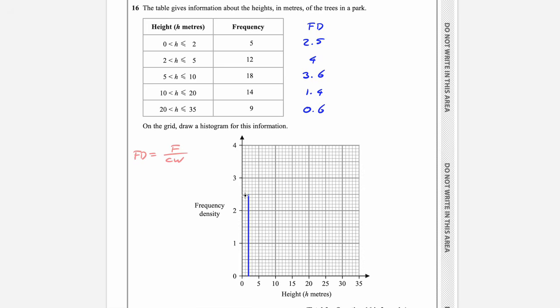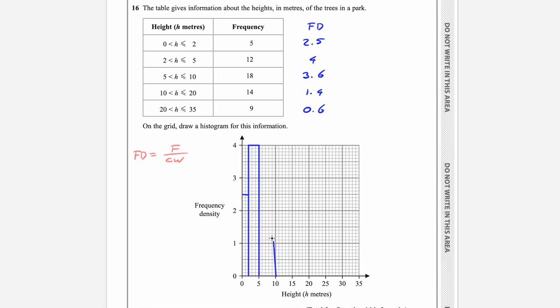Okay, then next one, 2 to 5 goes to 4. So we're going to continue this up all the way to 4. Stop at 5, which is here, all the way down.